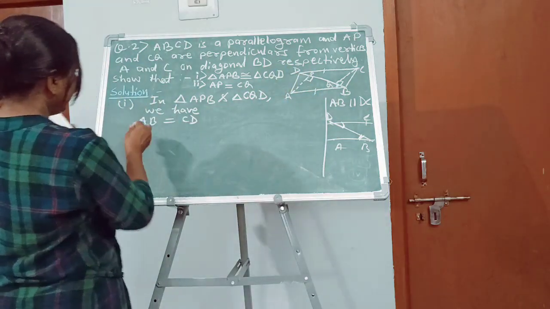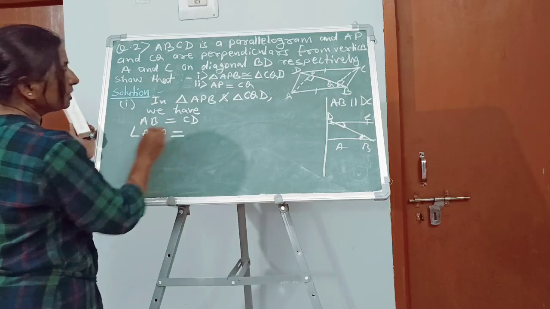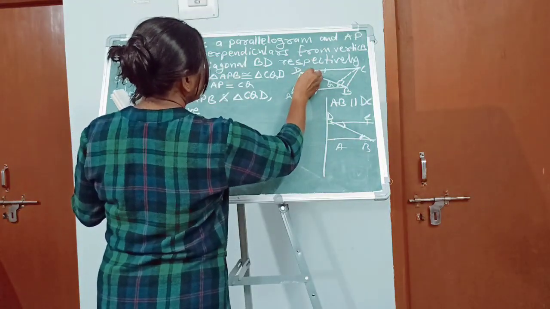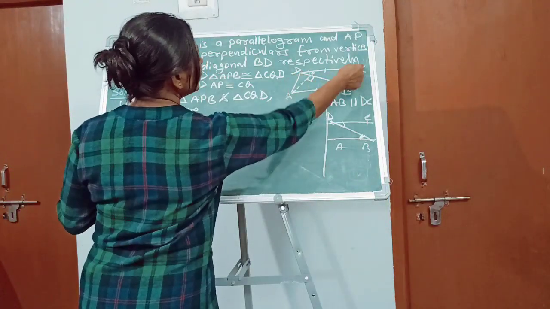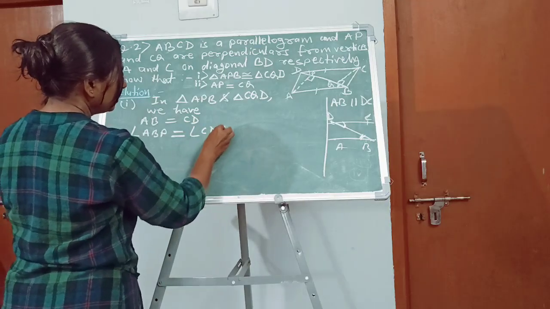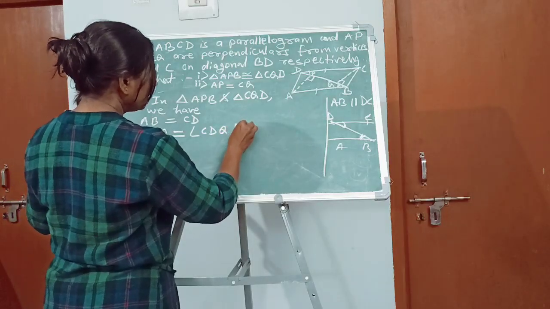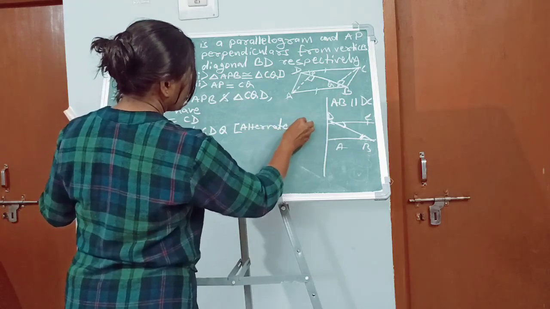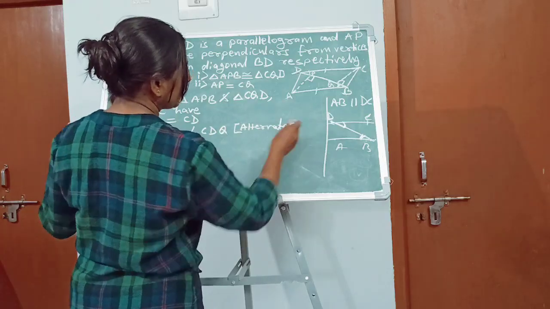So write angle ABP is equal to this one, alternate interior angle, and this is angle CDQ, alternate interior angles.